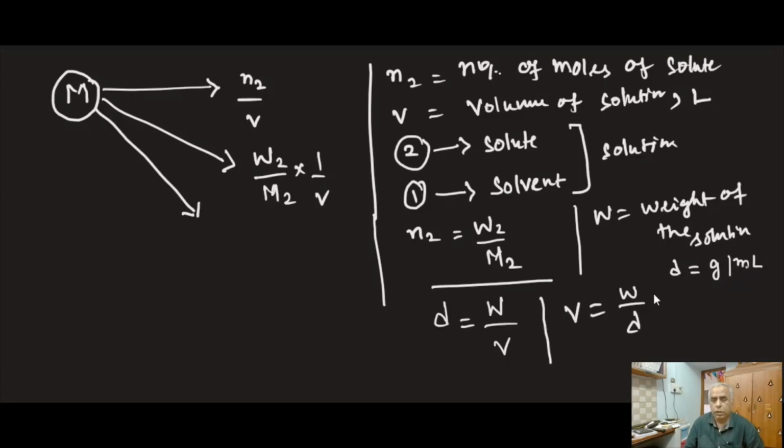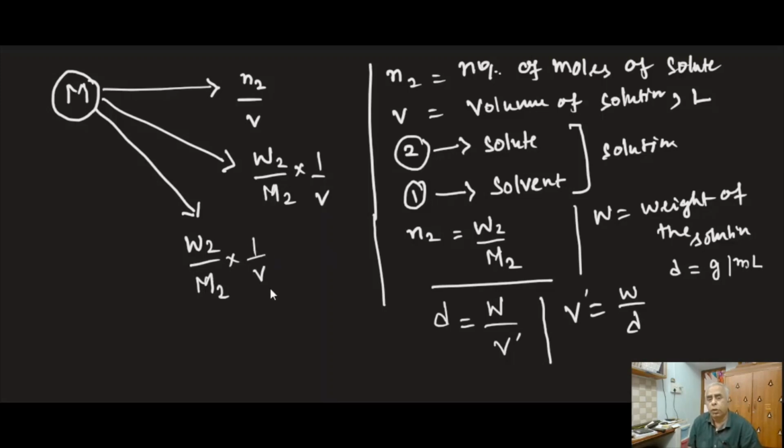So the general convention is we represent the density in terms of gram per ml. And remember always this V is given as liter only.